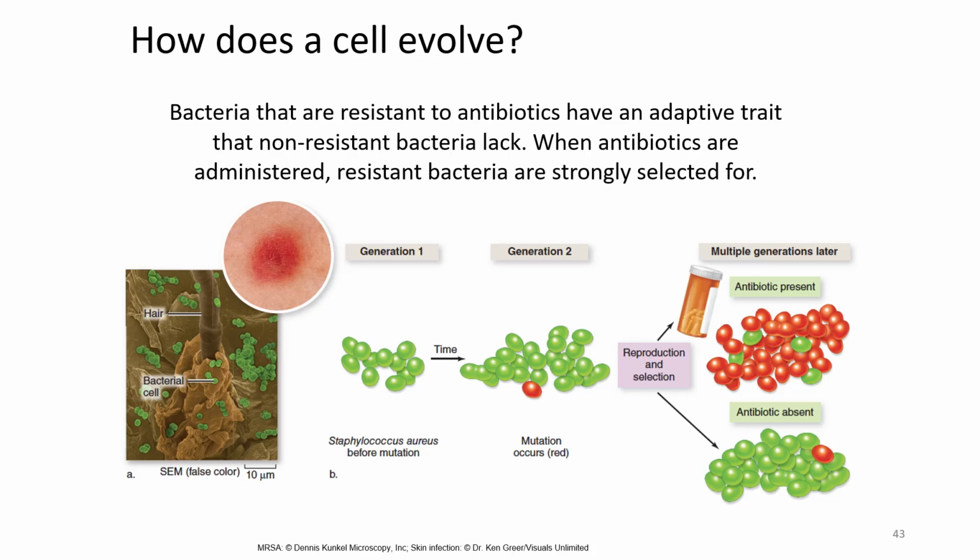It's the change of allele frequencies from one generation to the next. In this generation, that resistance gene didn't exist. In this generation, one was resistant. Multiple generations later, you can see that there's a lot of resistant microorganisms, and that's typically due to human error or over prescribing antibiotics.